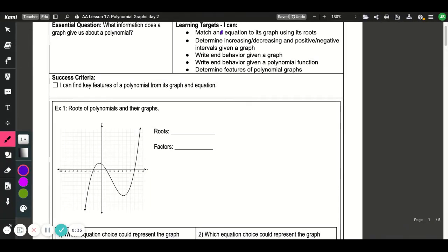And we're going to talk about something that we talked about in lesson 16 here again. Determine increasing, decreasing intervals and positive or negative intervals when we are given a graph. We're going to write end behavior if we're given a graph, end behavior if we're given a function. And then the last one kind of puts it all together and determines some features of polynomial graphs.